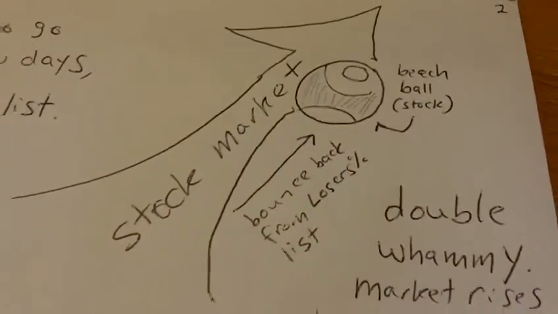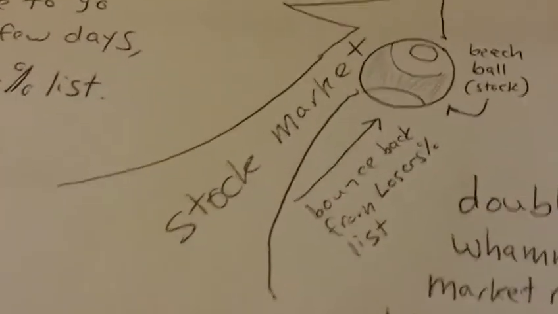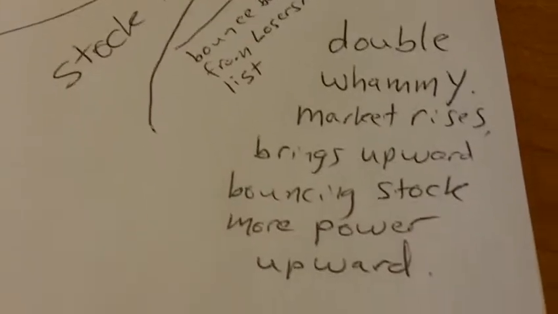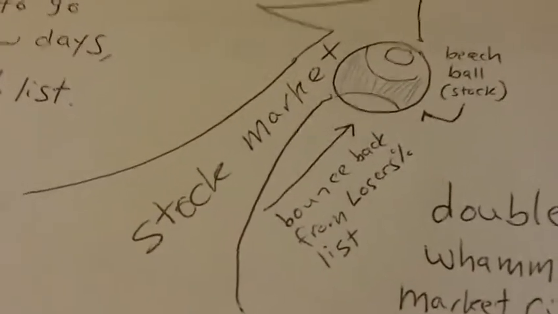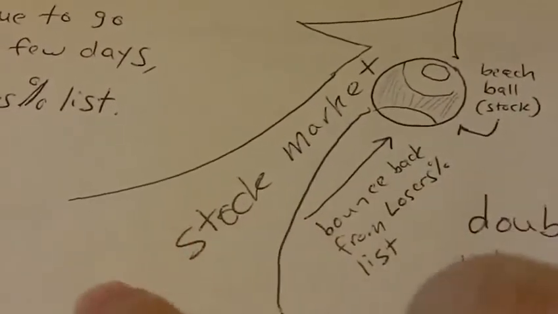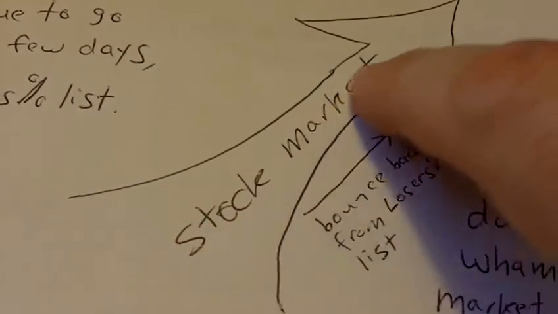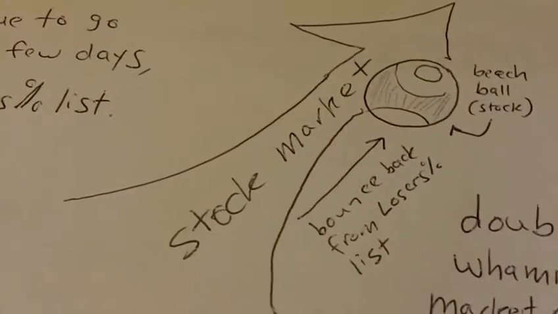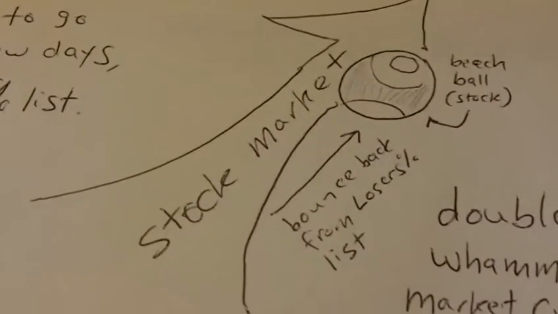Any overreactions on that down list are going to bounce back up to their correct valuation, helped by the fact that we think the stock market is going to go up over the next few days, as we found through our technical analysis.